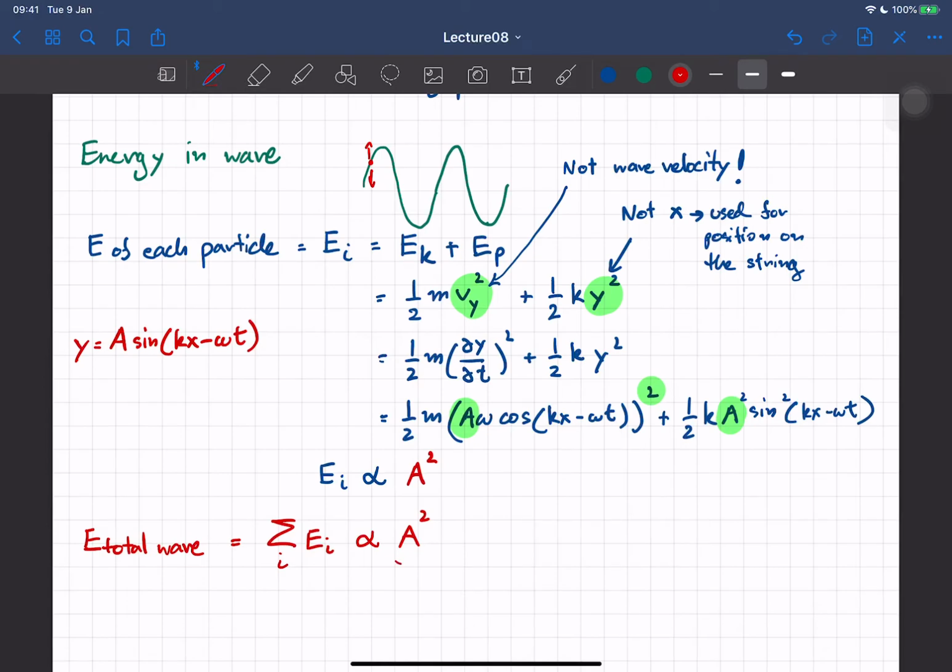Okay, so this is what I'm trying to get at: if you double the amplitude of the wave, the energy required to do that is actually 4 times. It's not just twice, okay, because of this amplitude square dependency of the energy.